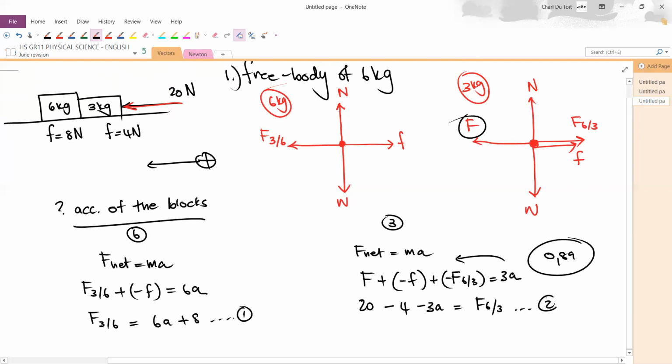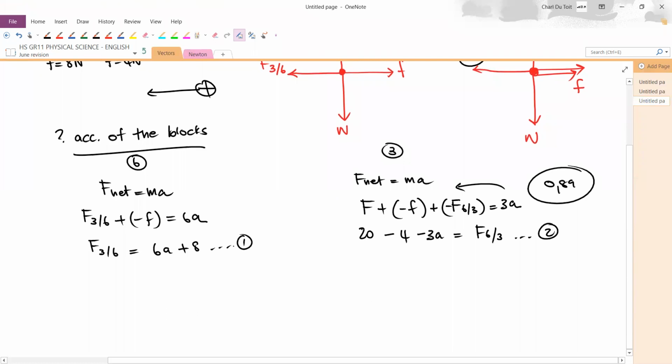I want to make these forces the subject of the equations because they're both the same. According to Newton 3, these two forces are exactly the same, so I can make them equal to one another. Therefore, it'll be 6A plus 8 equals 20 minus 4 minus 3A. Very good. And then I have 9A equals 8.